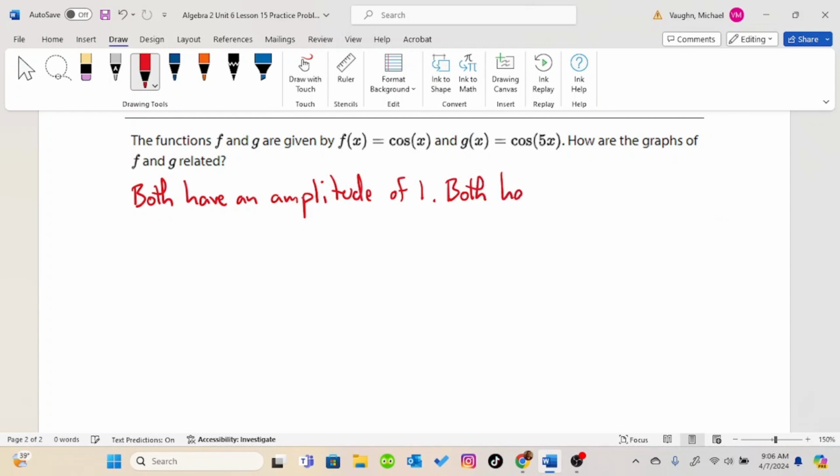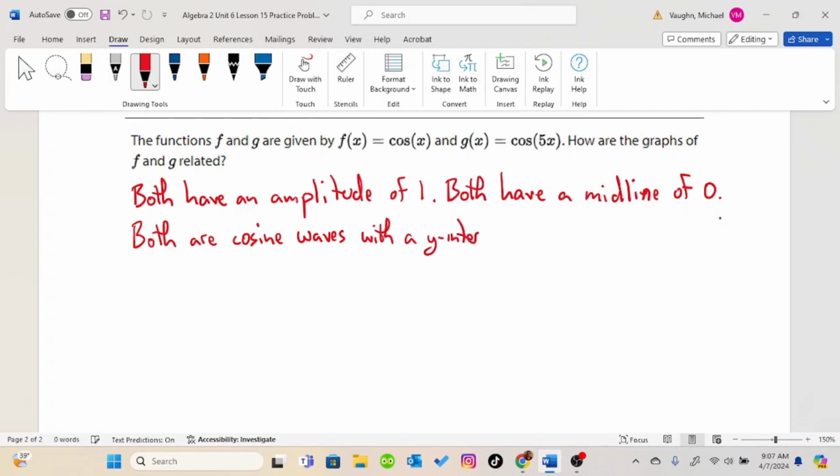Both have a midline of 0. Both are cosine waves with a y-intercept of (0, 1).